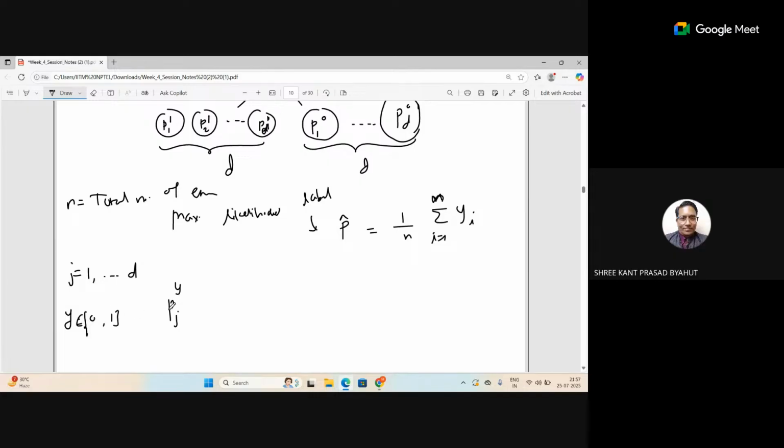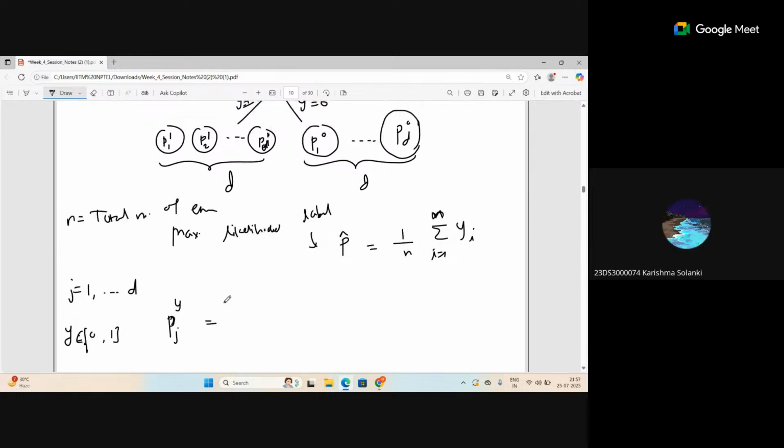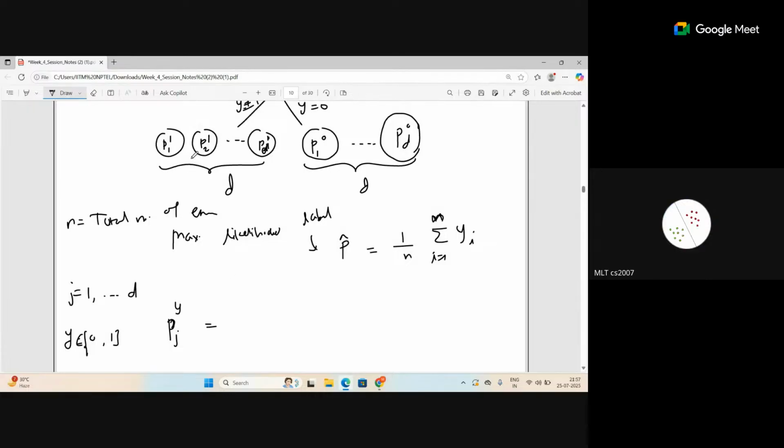So J is the words, or features, the number of features. That's the subscript I told you about. Here p_0j and p_1j, from 1, 2 to D. That subscript is for the number of features.